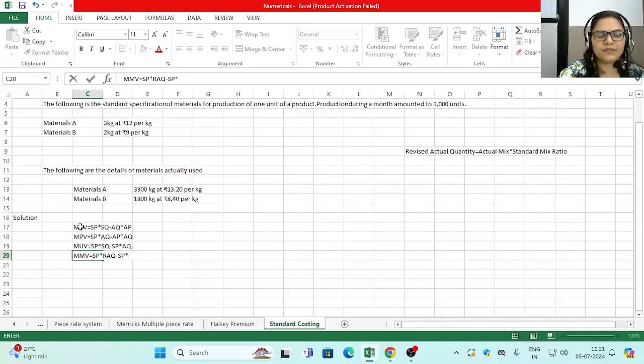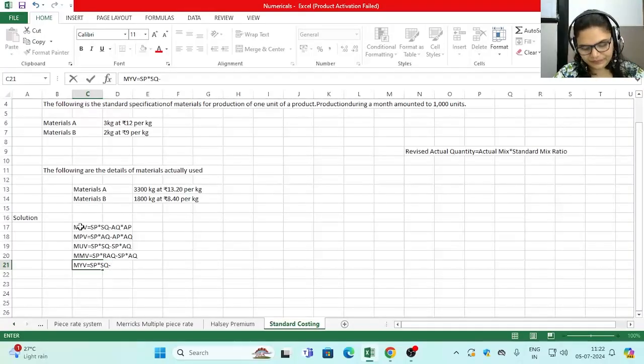There is some typing mistake, SP into AQ. Next, material yield variance is equal to SP into SQ minus SP into RAQ.